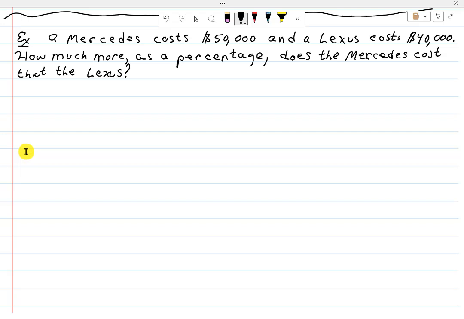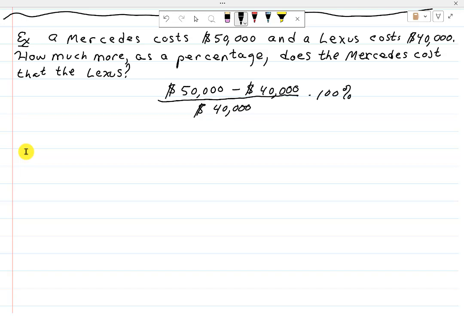So all we have to do with this then is look at a relative change. Since we're comparing it with the Lexus, I'm going to say that the Mercedes is the new value and the Lexus is the old value. So since the comparison is directly with the Lexus, we're going to put the Lexus value in the denominator. Here's $40,000 times 100%.